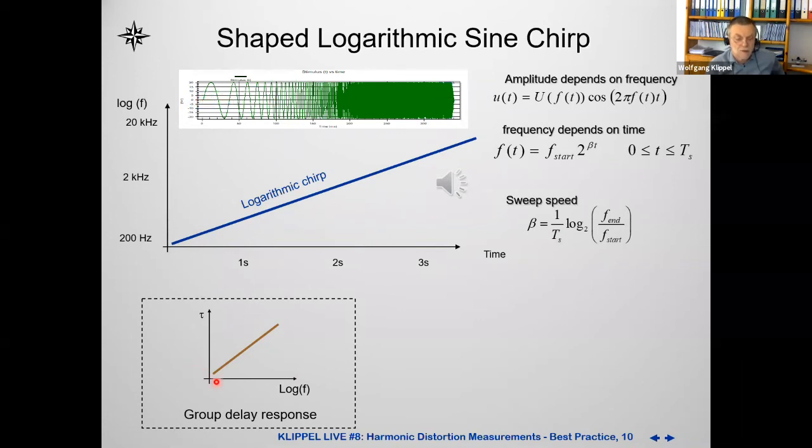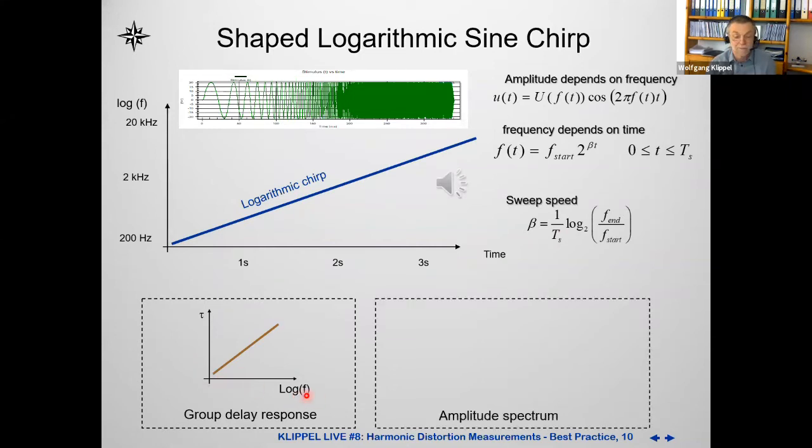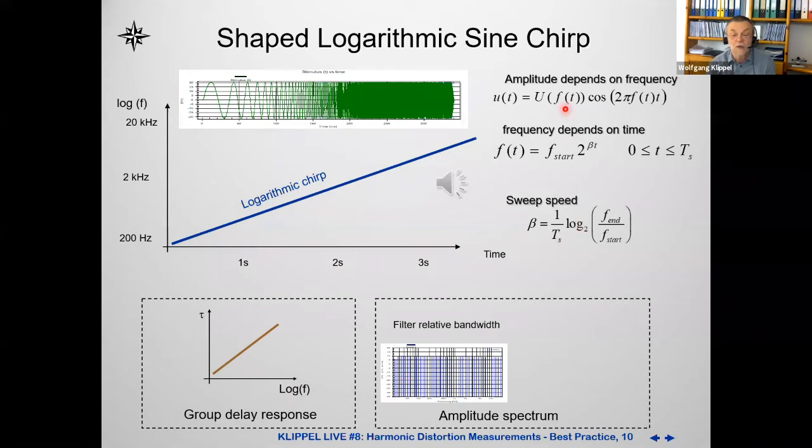That corresponds with the time delay. That's quite simple, but especially with this amplitude shaping, we can shape the amplitude spectrum as we like. We can plot this with a relative bandwidth, and it looks like pink noise, or on an absolute scale, something like that here.